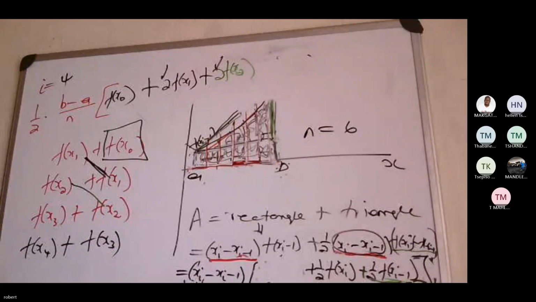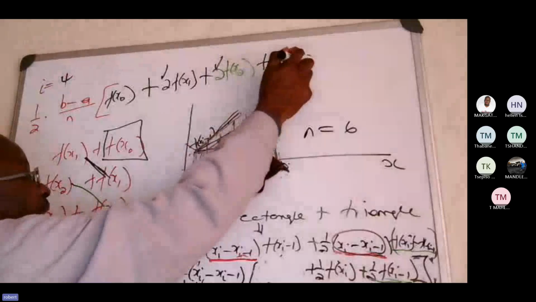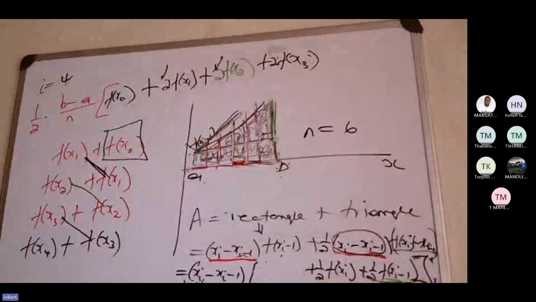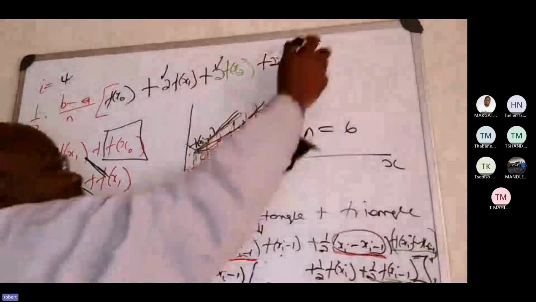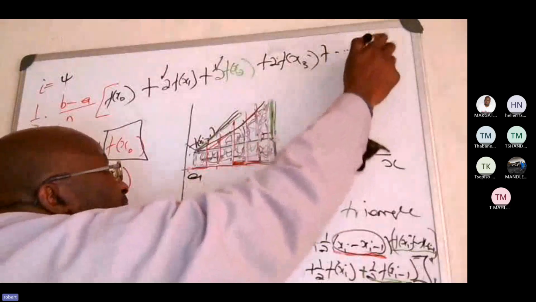So meaning this now is going to give you plus 2 f of x3, until the last one. The last one is not going to repeat itself. Therefore, the last one will be plus f of xn.